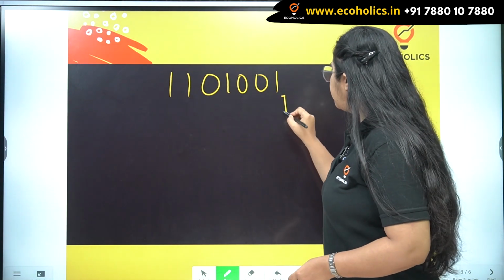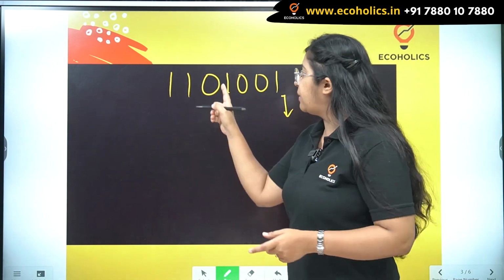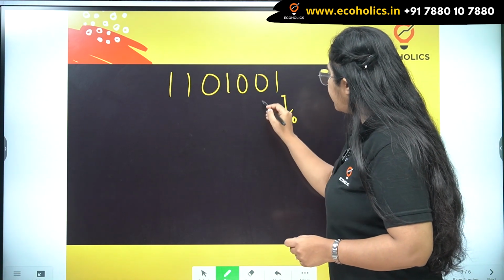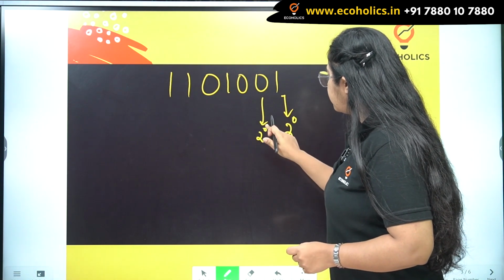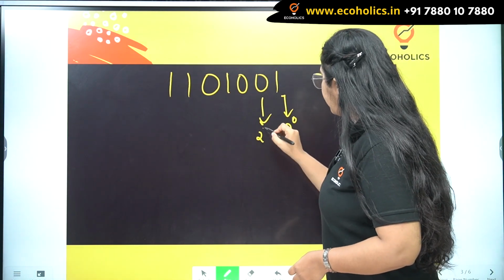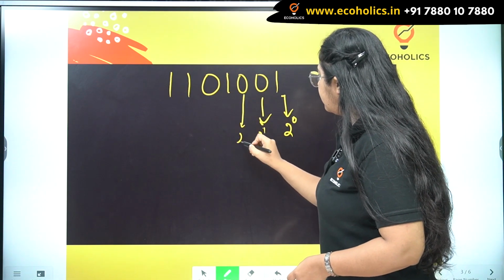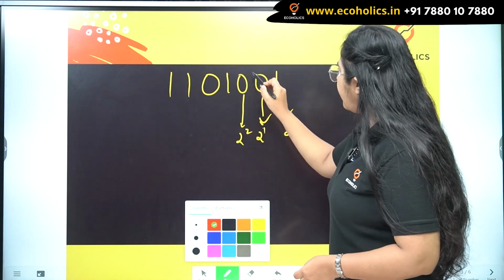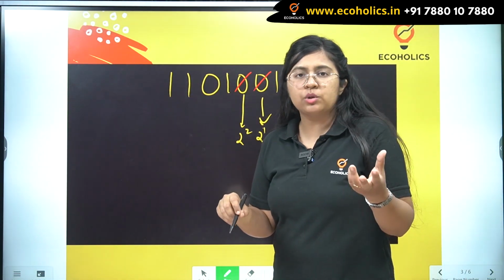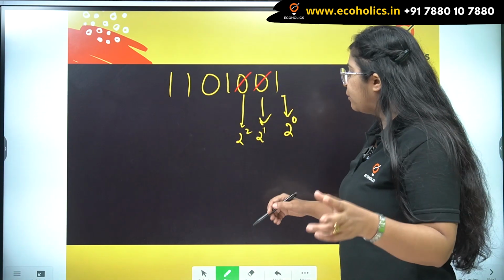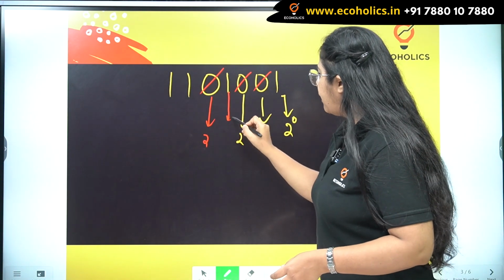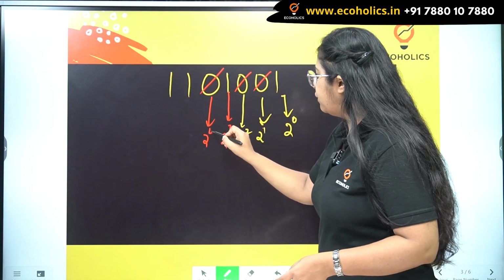While you have to multiply each of these digits by 2, 2 also has a power associated with it: 2 raised to the power 0, 2 raised to the power 1, 2 raised to the power 2. However, we also know that the multiplication will result in 0, summing up to 0. Even this one. So here we now have to see 2 raised to the power 3 and 2 raised to the power 4.